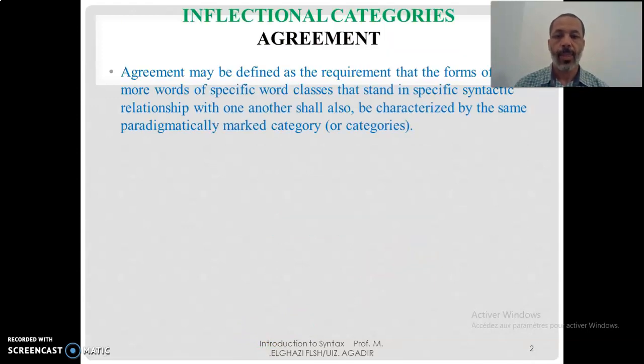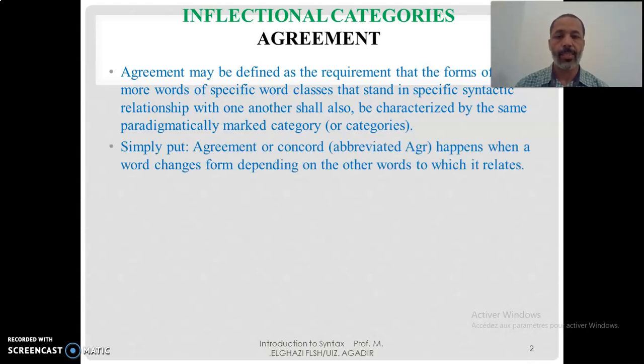So, what is agreement? Agreement may be defined as the requirement that the forms of two or more specific words or word classes that stand in specific syntactic relationship with one another, for example, a verb and the subject, an adjective pronoun and the noun, adjective and noun, and so on, shall also be characterized by the same paradigmatically marked category or categories.